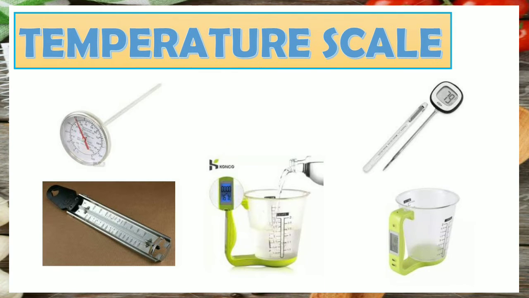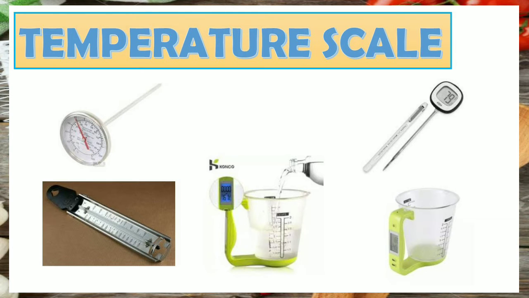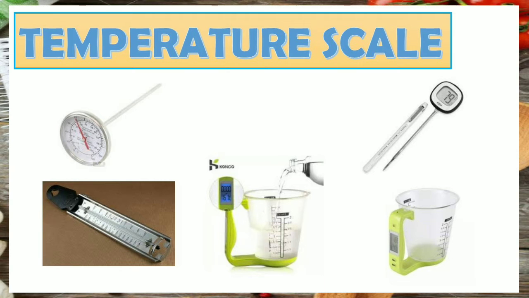In our home, we don't usually use it. As long as we can see heat or smoke in the oil when we put it in the pan, that is already hot. But in the industry, they use a temperature scale to see the exact temperature, or the intensity of the heat, when they are cooking and putting in some ingredients.